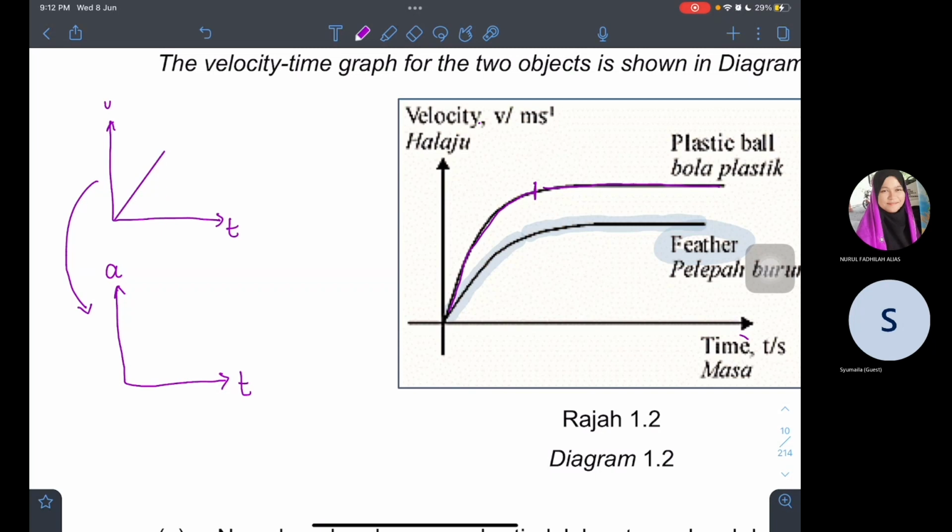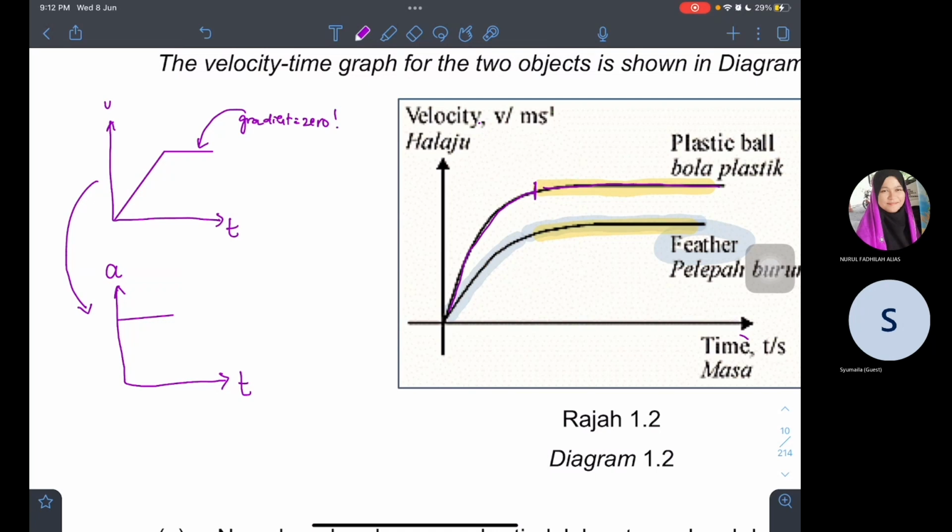That means kita ada constant acceleration. Tapi bila velocity tu constant, what can we say? Okay, so maksudnya kat sini lah. Velocity tu constant kat sini. So here the gradient is 0.